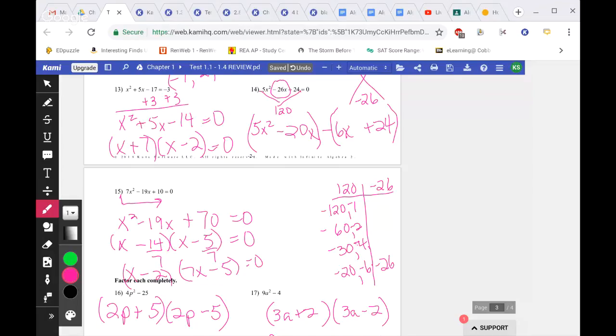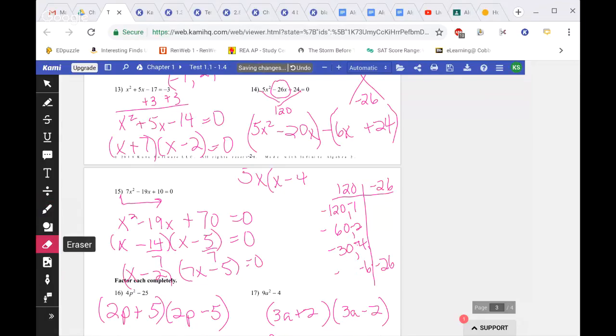So she probably would take a 5 out of the front one, which gives 5x, and which would give me an x minus 4. And I didn't group that second one very good because I didn't take my sign with me. So I'm going to try and regroup that too. Sorry about that. Can you see it okay? Yeah. Okay, good.